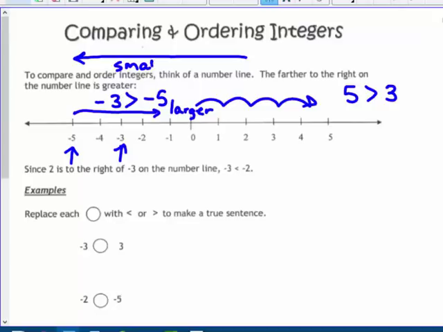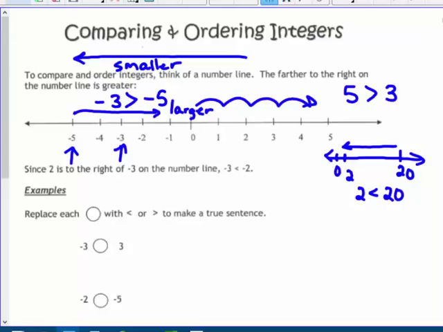Just like in your kindergarten class, you had that number line and say it had a 20 over here and you know it ended on 0, we know that as you go left, so for instance it stopped at 2, that 2 is less than 20. Going left, things get smaller. Going right, things get larger. So in this example, oh, this should be a -2, by the way, -2.